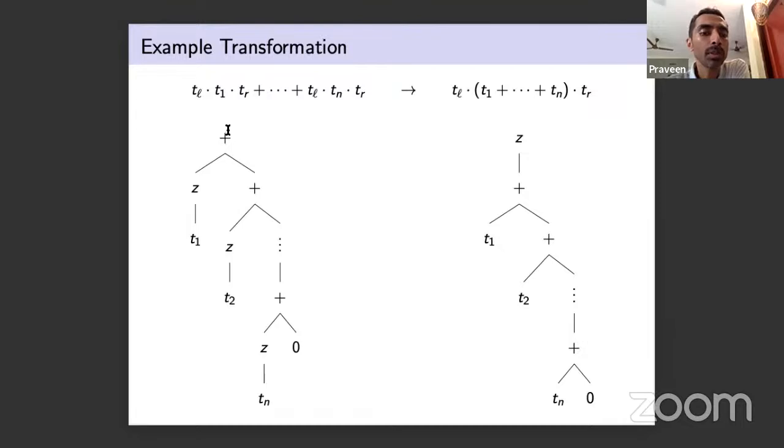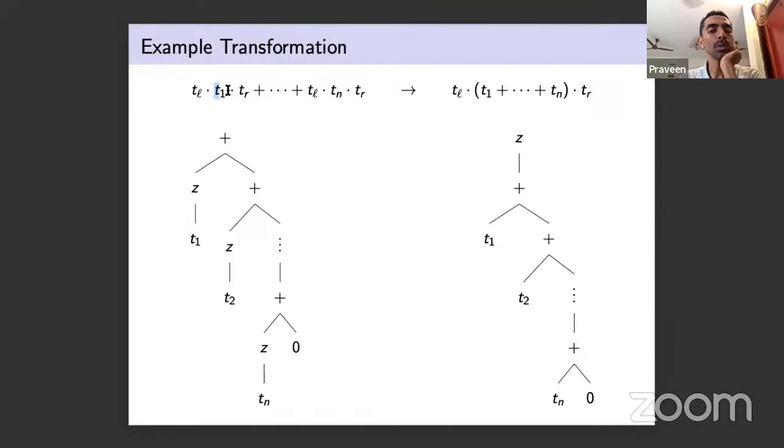The whole tree is rooted with the operator plus at the top, and then we have two children, and the variable z here represents the multiplication on the left-hand side by TL and the multiplication on the right-hand side with TR. And this child T1 is the expression T1 in the middle here.